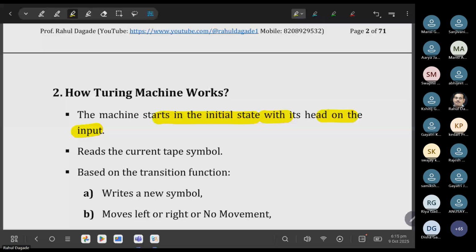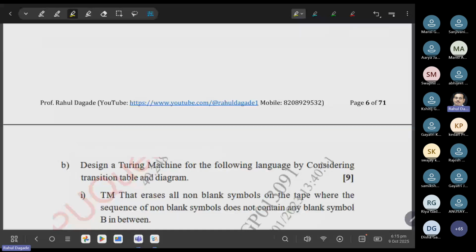Now, let us see the example of implementing a Turing machine. We will see what language the Turing machine accepts in a later part of our lecture. Now let us first understand how it actually works. See a problem: design a Turing machine for the following language by considering a transition table and diagram.